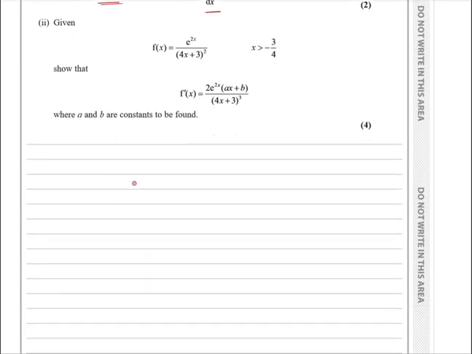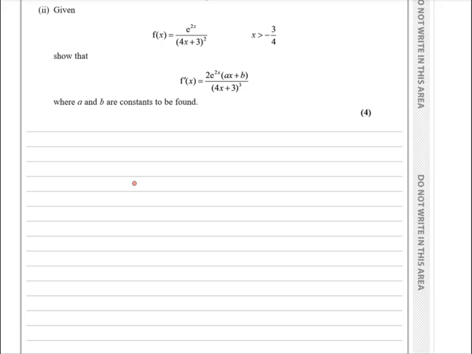Part 2 of the question, what we have here, we have our f of x as equal to that. Now, this is going to be the quotient rule, where we have this as our u and this one as our v. So we're saying that our u is equal to e to the 2x. The derivative of u, which I can write as u prime, the derivative of the exponential function is the derivative of the top, which is 2, times the function itself.